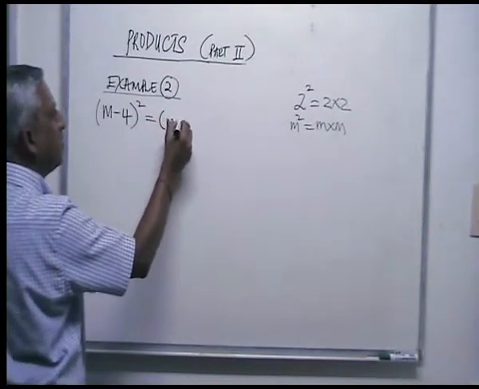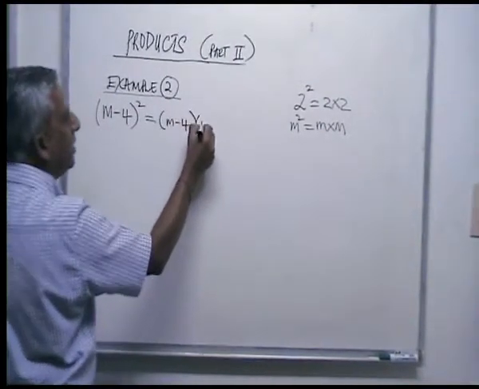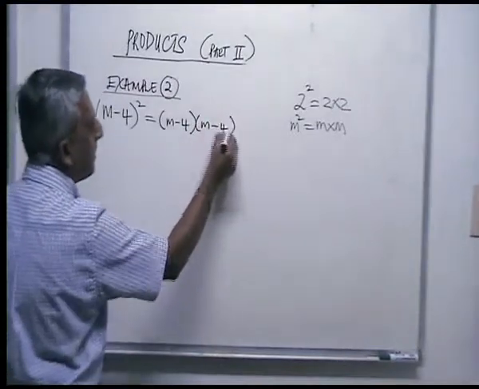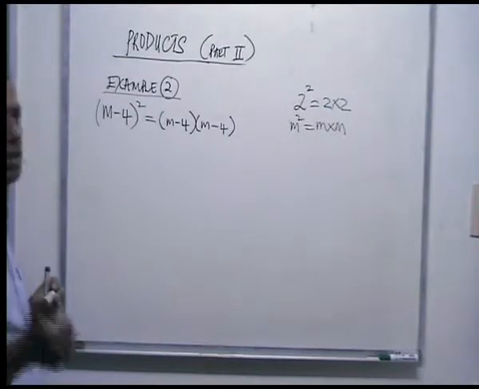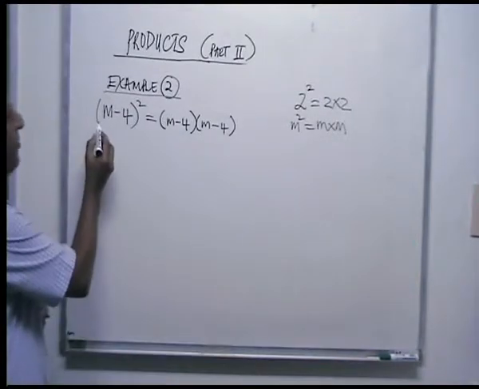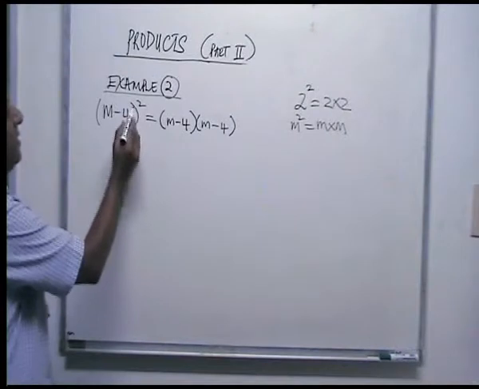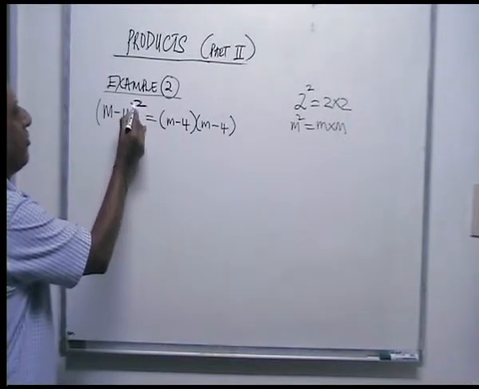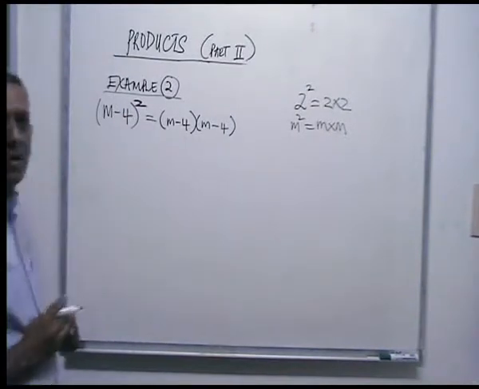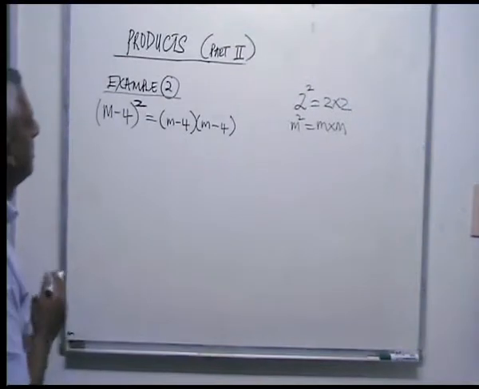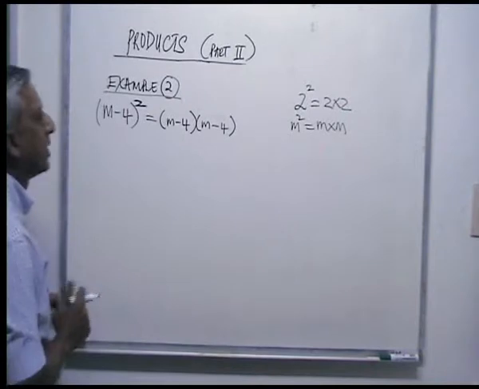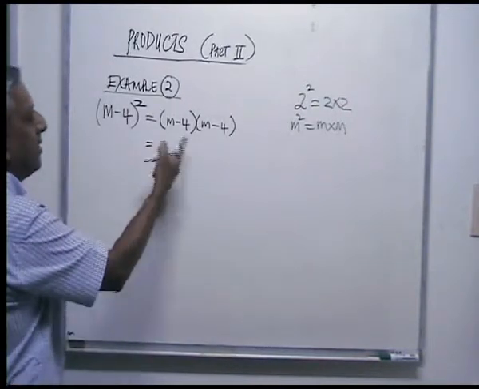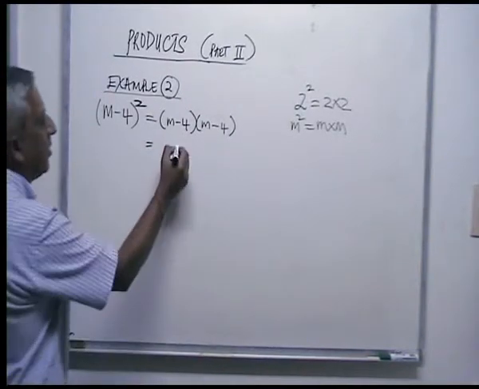So that's what it means. It means write the bracket down 2 times. So to cut a long story short, if you have m minus 4 squared, write the bracket down 2 times. And then after that, it's straightforward, just like what we did before.